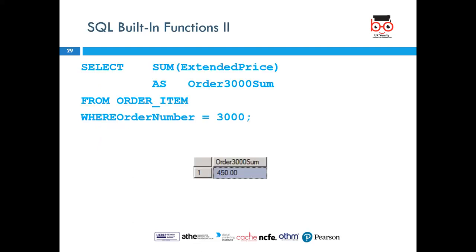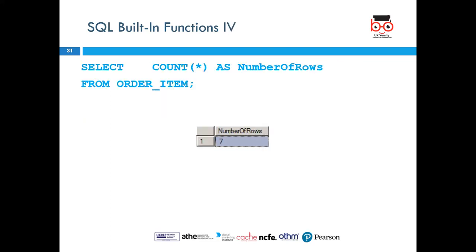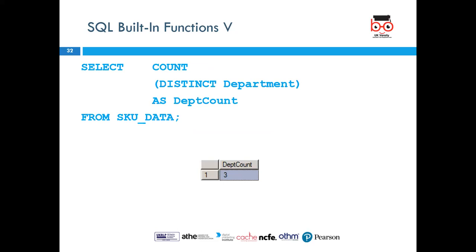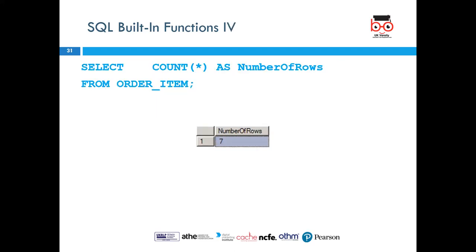You just need to select, add, for instance, sum or average or any type of function that we want, and SQL will automatically do the calculation. So we have sum, average, minimum, maximum, count.